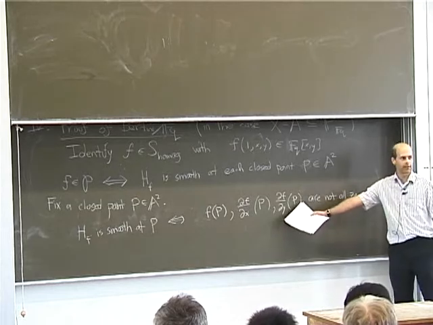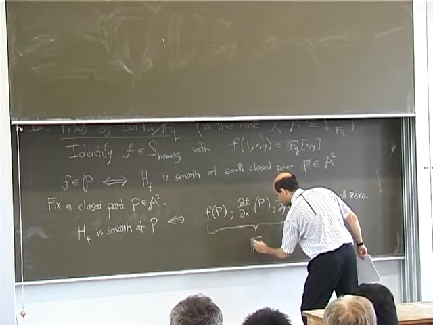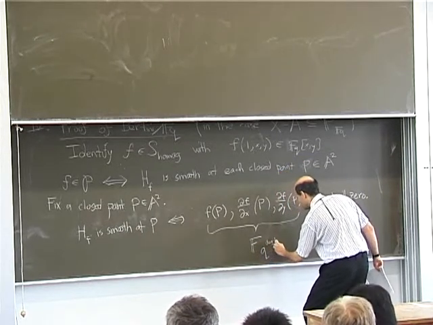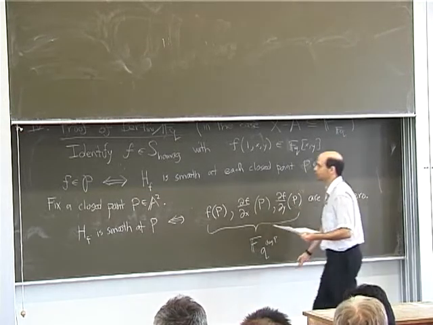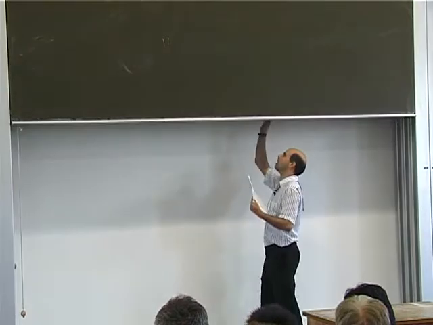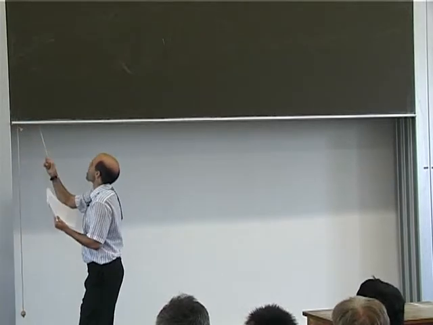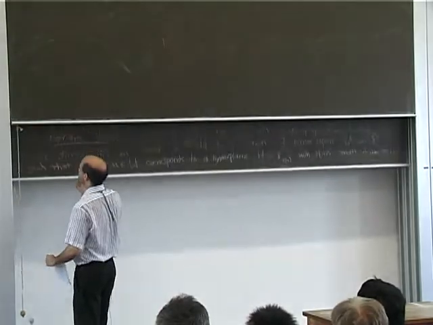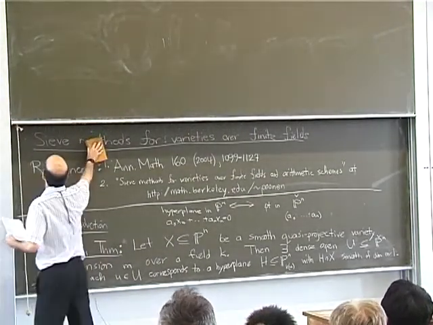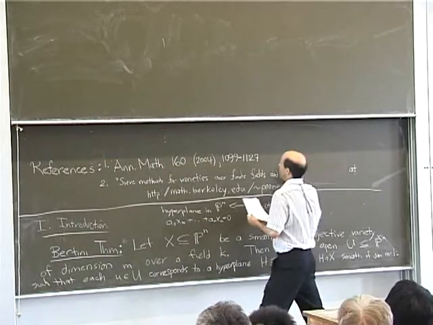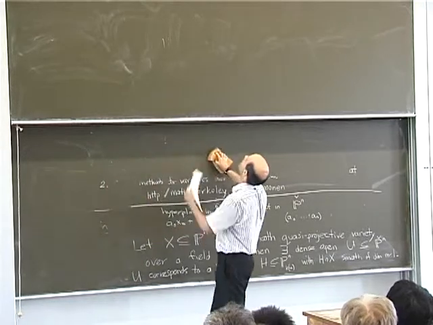Where do these three values live? All three of these values belong to the residue field of P, which is the field of size Q raised to the degree of P. So you can now do the same heuristic we had in the square-free case.